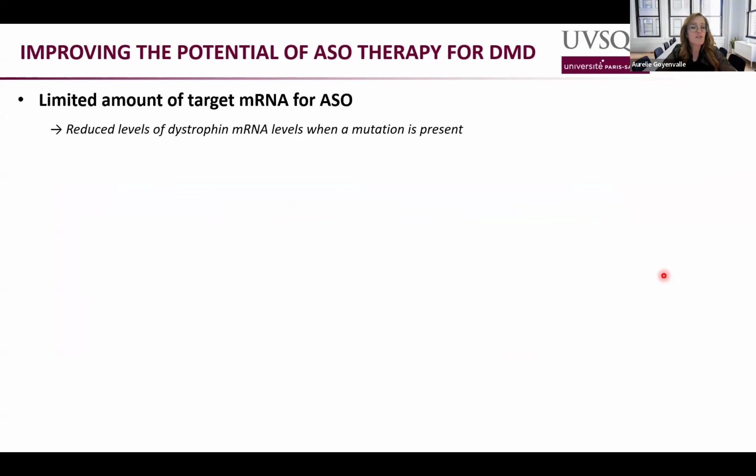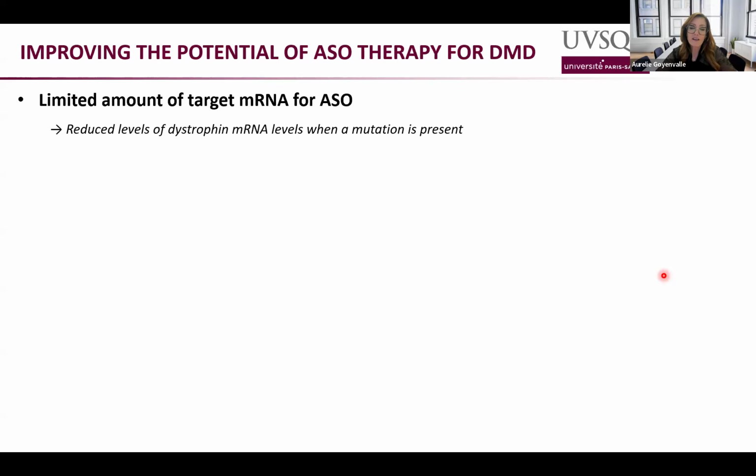Transcriptional studies showed several years ago that there were reduced levels of dystrophin mRNA when a mutation is present. The field has long assumed that this reduction was mostly due to nonsense-mediated decay that would break down the transcript containing a premature termination codon.